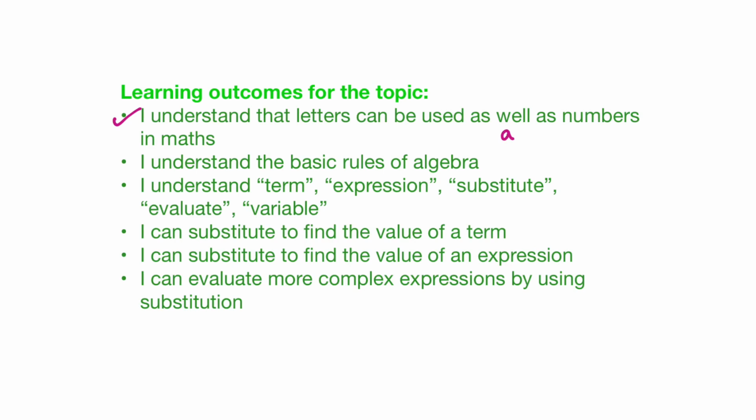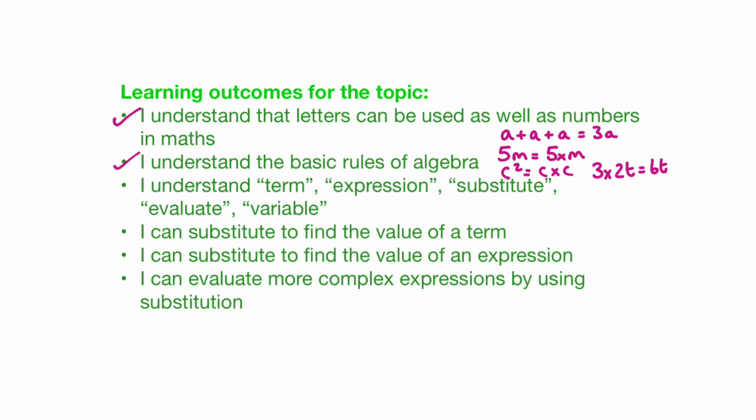That was A add A equals 3a. It was 5m means 5 times m. It was c squared means c times c. And that 3 times 2t is the same as 6t. So they were our basic rules.